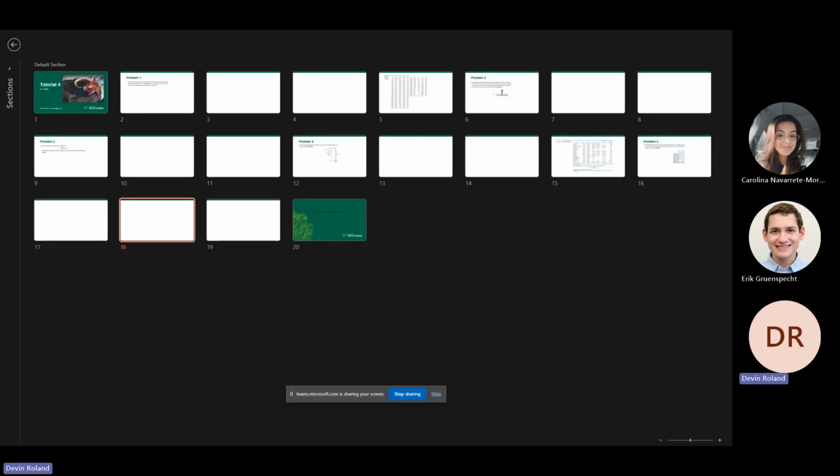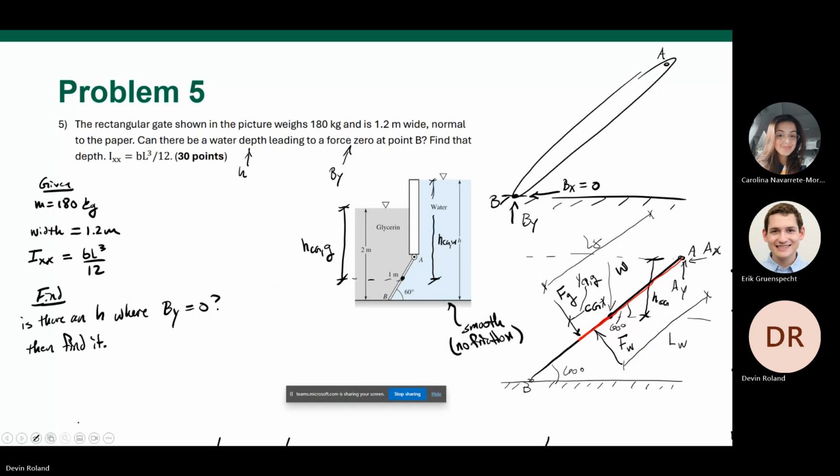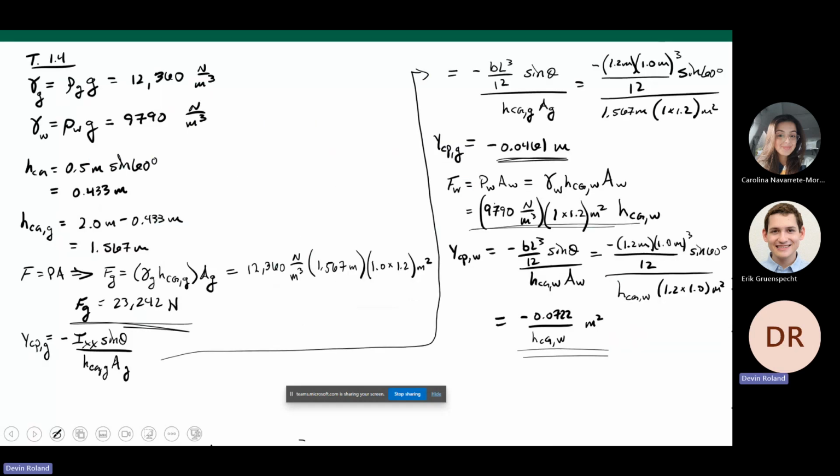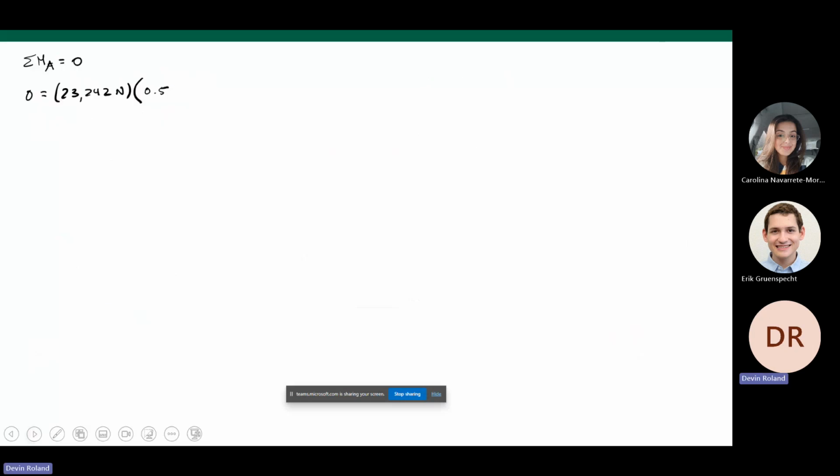So this is going to be 0.5 plus 0.0461, that's meters.